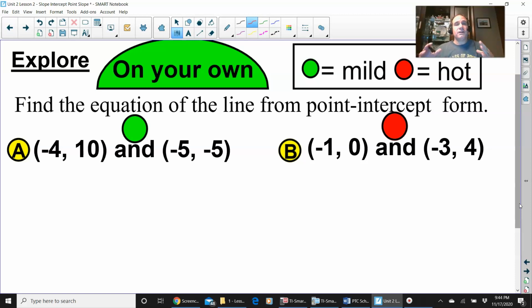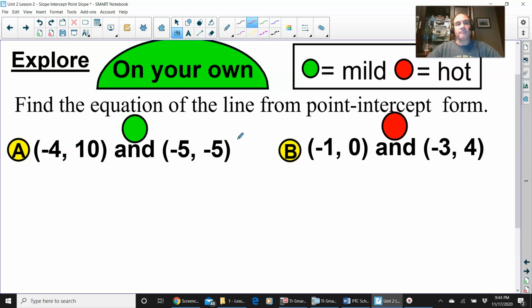Find the equation of the line from the point slope form. So we are going to use the slope formula. That's number 1. Number 2, we are going to use the point slope formula, and then we're going to convert that point slope formula into slope intercept form. All right, so we're going to do all 3, and we're going to label each one.